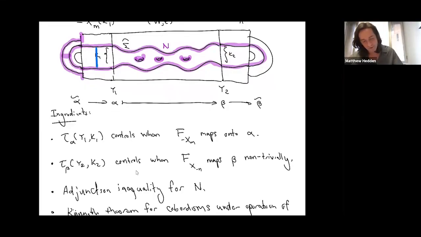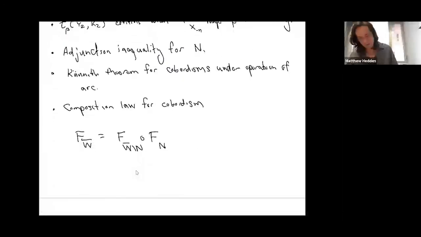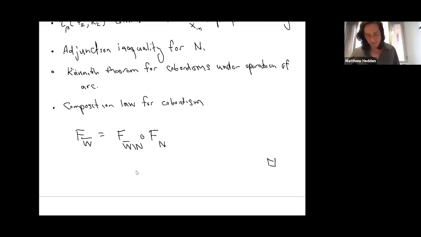So the key feature is, we split this surface sigma into pieces where I attach S1 and minus S1 homologically here, and S2 and minus S2 homologically there. Okay, so that's the sketch of the proof.